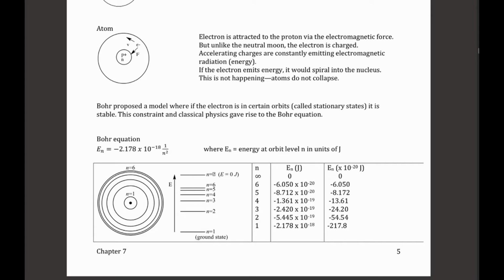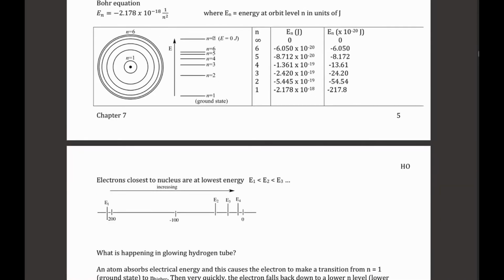And then we have E sub 2 equaling negative 54.54 times 10 to the minus 20 joules, and so on. What we notice is the most negative number, the smallest number, is the n equals 1 ground state, and the biggest number is when n equals infinity and E sub n there is 0.